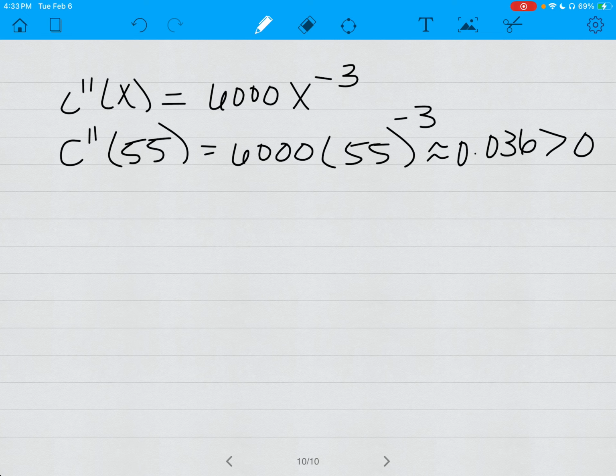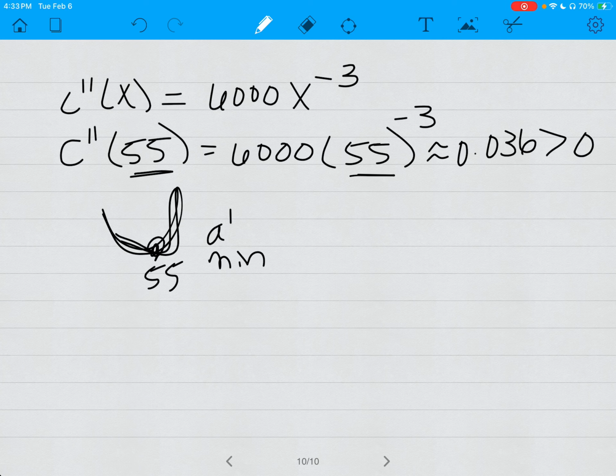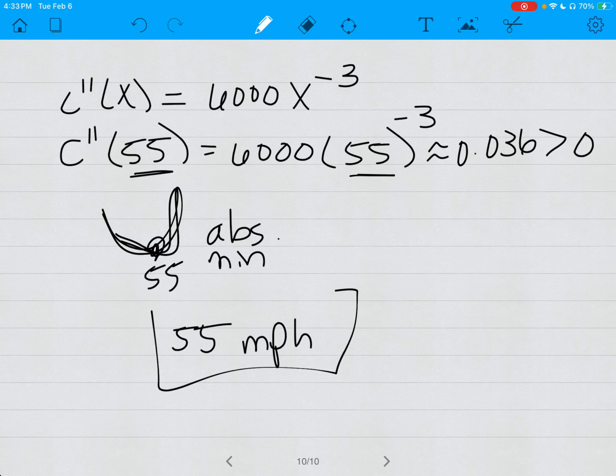So this tells us that at this value of 55, our second derivative has an upward cup shape, which means that 55 is a minimum. And specifically by the critical point theorem, it is an absolute minimum within that interval. So how fast do we need to go to minimize our total cost? We need to go 55 miles per hour.